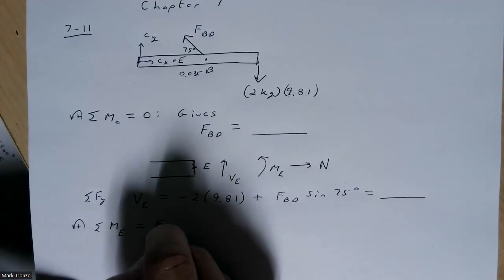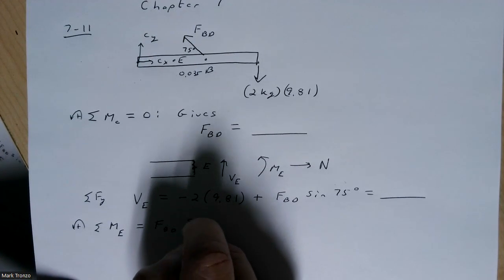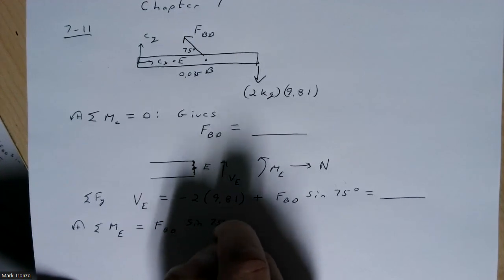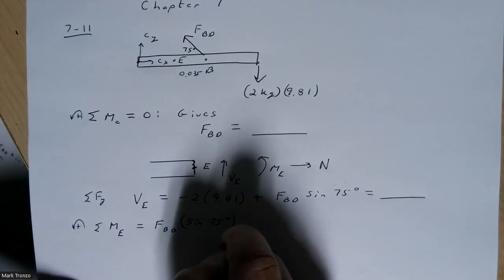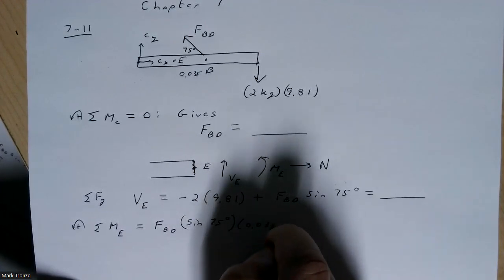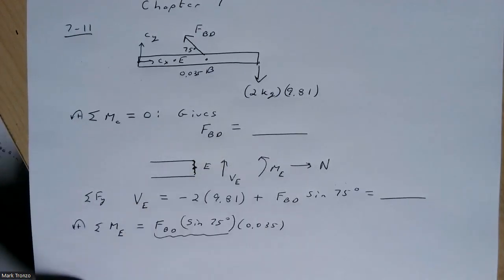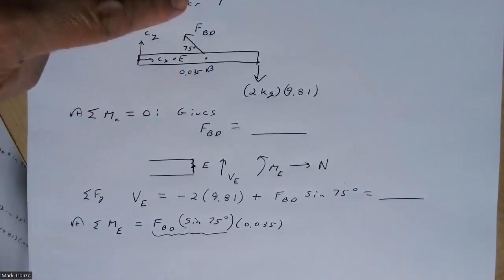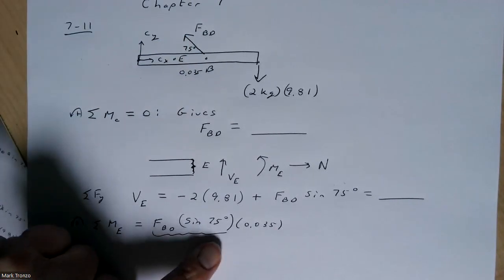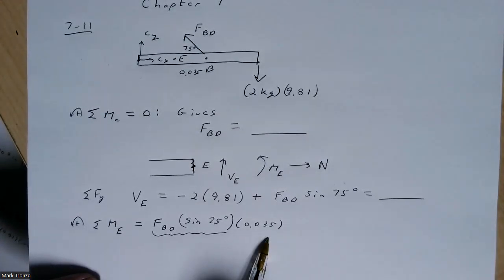So you have your FBD, which you found previously, then sine 75 times 0.035. So this is going to give you the vertical force for FBD, and then multiply by its moment arm, which is 0.035.